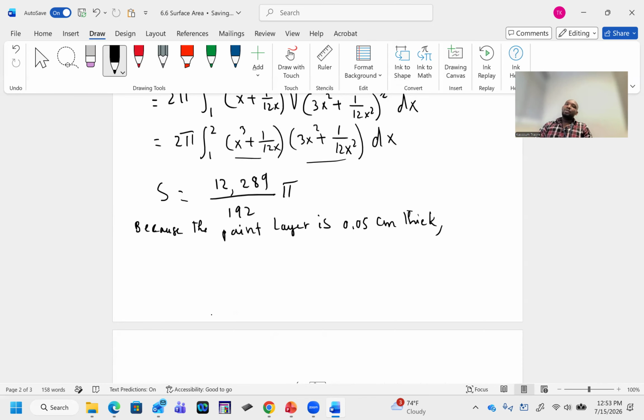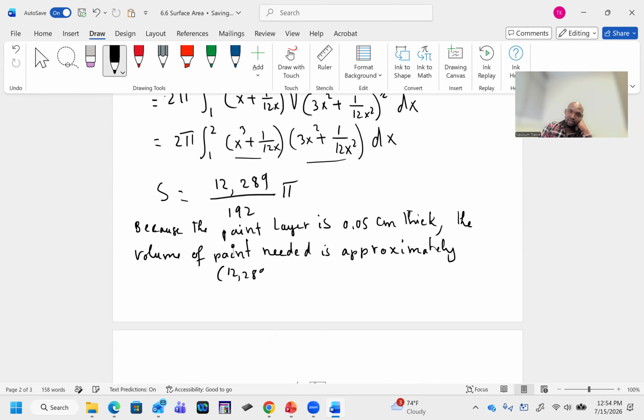So the volume of paint needed is approximately my S we find, which is 12,289 pi divided by 192, times 0.05 centimeter.